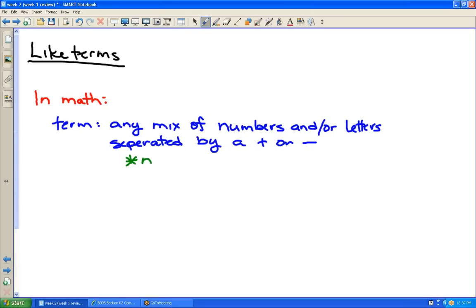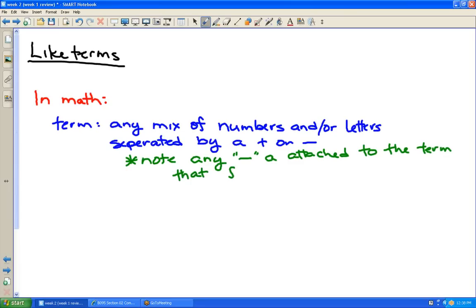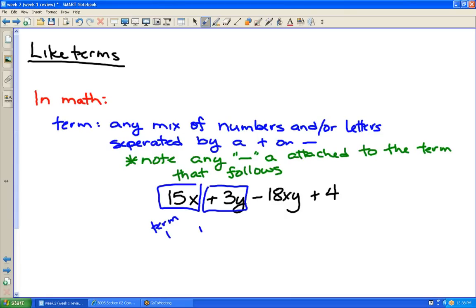I also have to note any minuses. So if I give you 6 minus 18xy plus 4, if I'm looking at it, the terms I have, there are this, term 2.